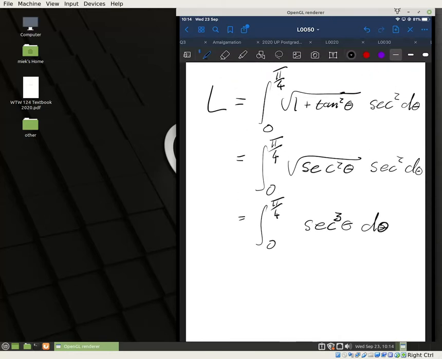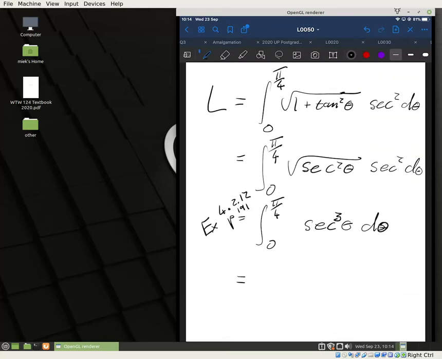Okay, and this one is also a little bit tricky. There is an example given in the textbook. Do take a look at example 4.2.12 on page 191.